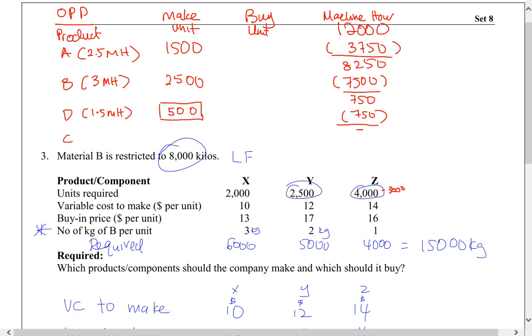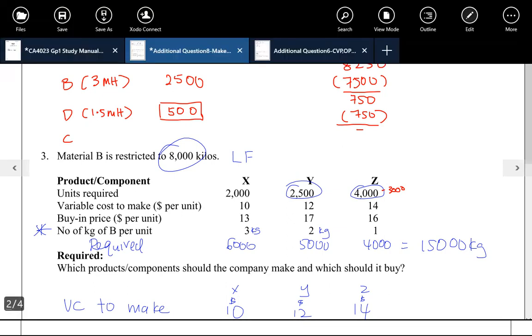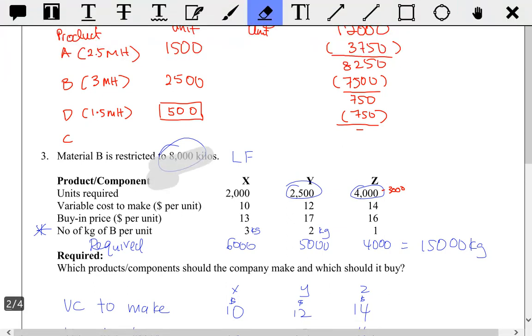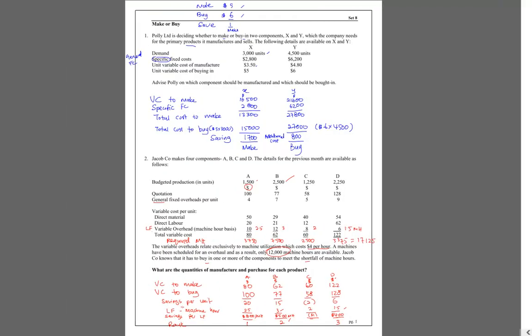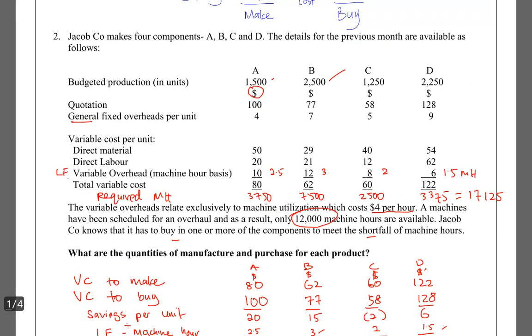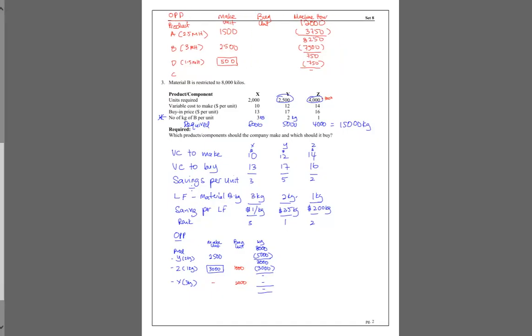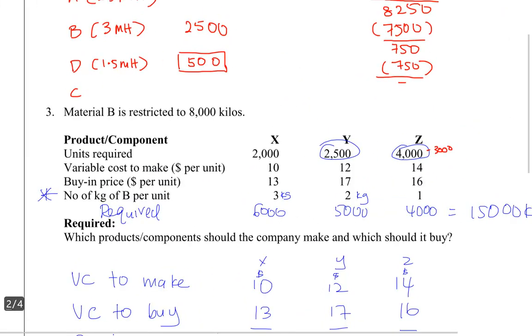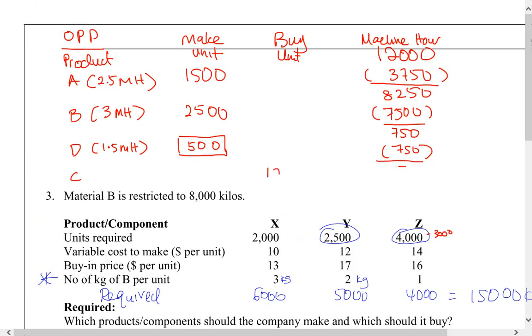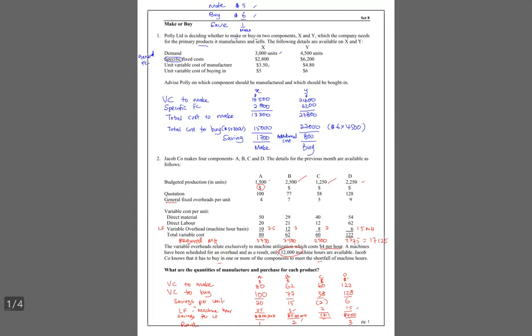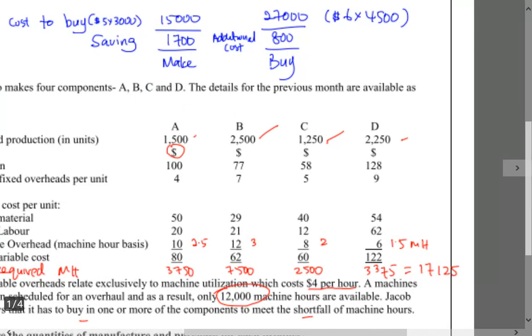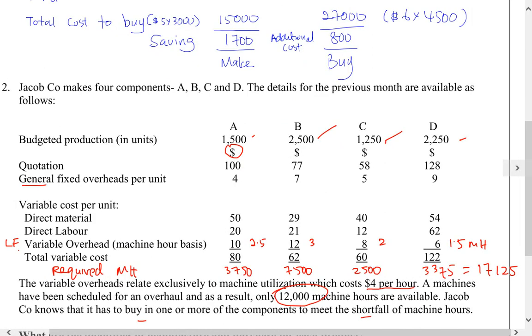C, I'll buy. I'm not going to make 1250 units. This one is 2250, right? 2250, already make 500.